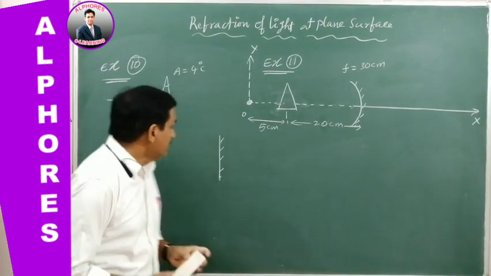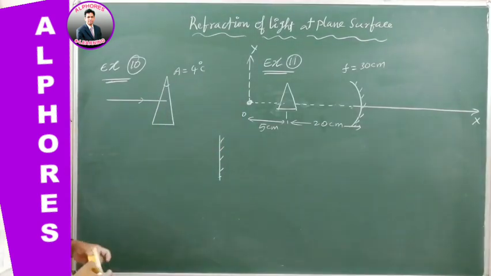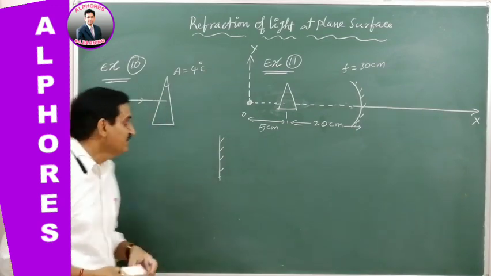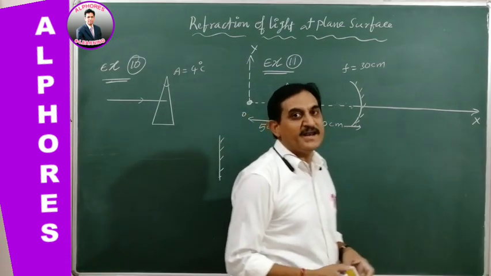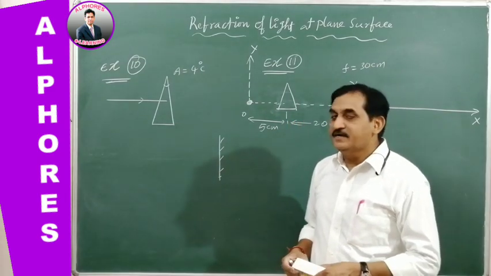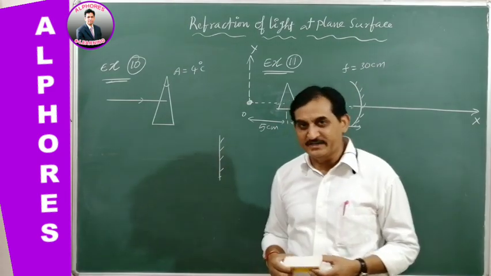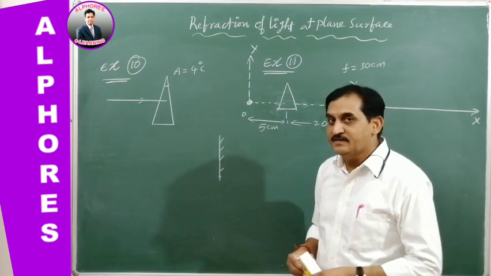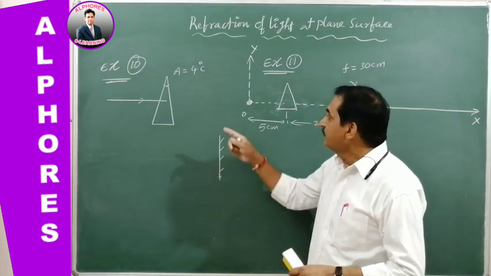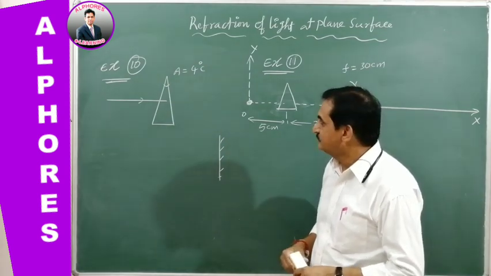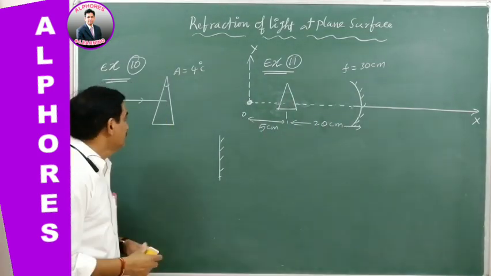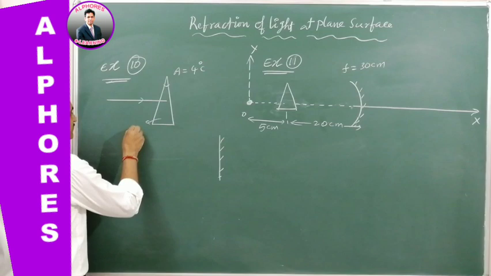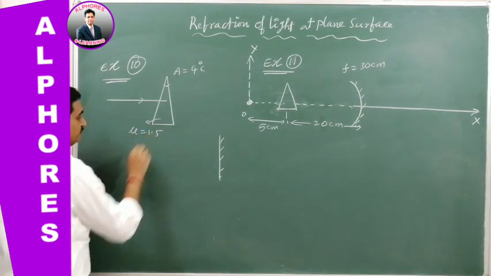Here let us go for one more example problem, that is the 10th one. In this case, a prism is given, which one? A small angled prism, and its apex angle is 4 degree, and a horizontal ray of light incident on it undergoes refraction, and its refractive index is given, mu is equal to 1.5.